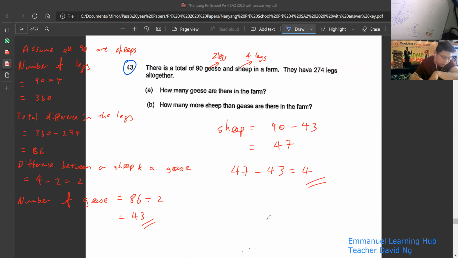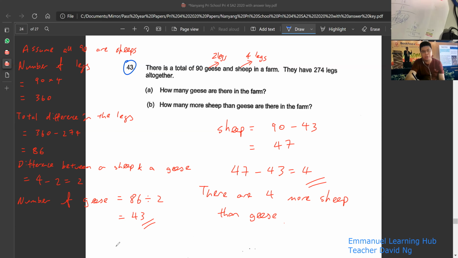Okay, answer is 4. There are 4 more sheep than geese. Understand? This is using assumption method to do.